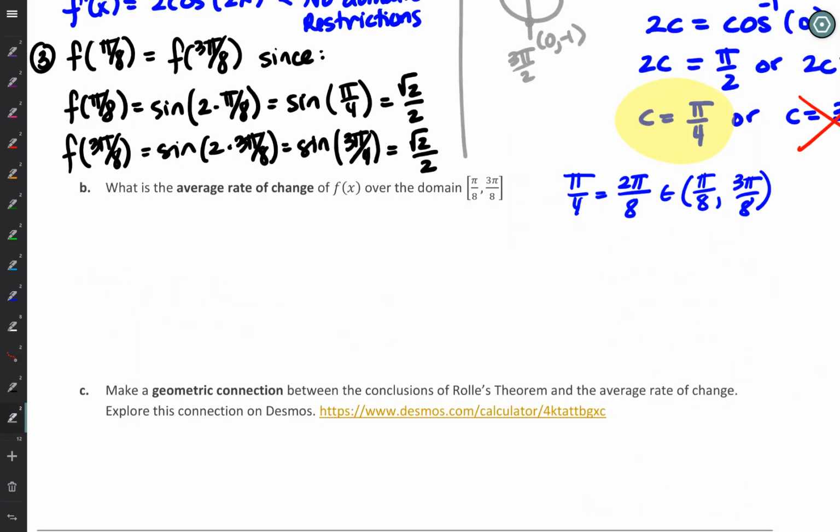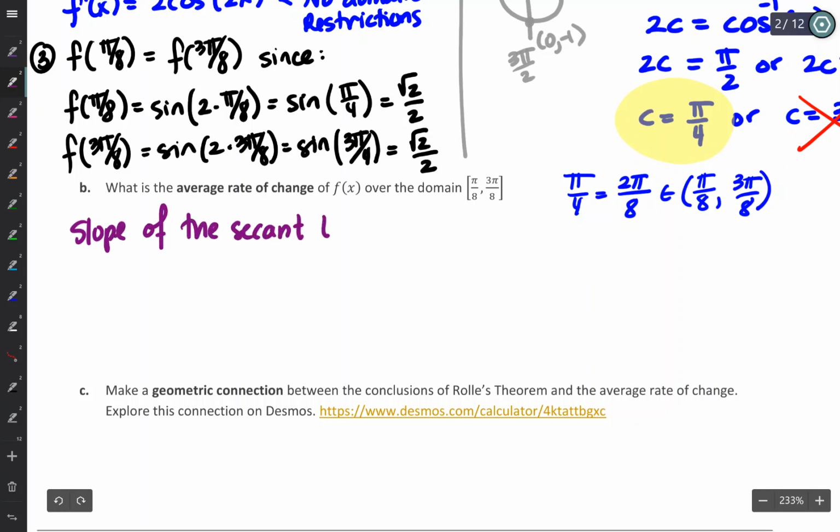All right, now in part B, we're asked to find the average rate of change of f over the domain pi over 8 to 3 pi over 8. Remember that that is the slope, let's use a different color, of the secant line containing what points? Pi over 8, comma, go find f of pi over 8.